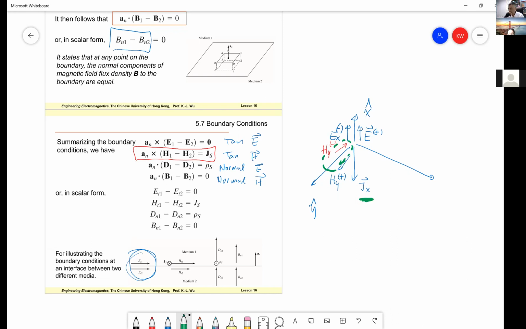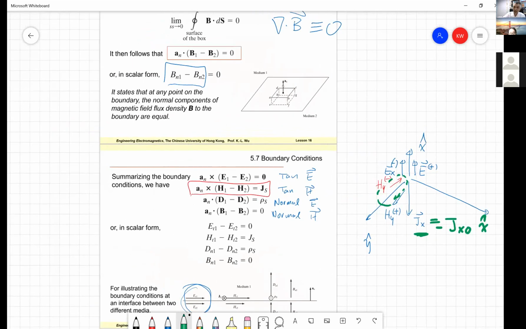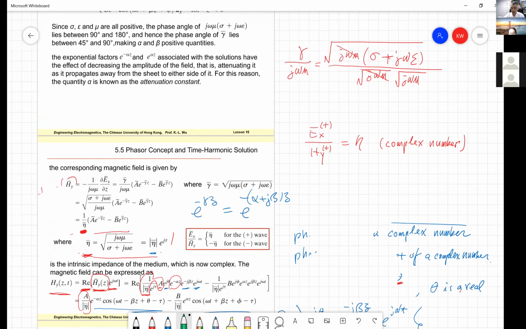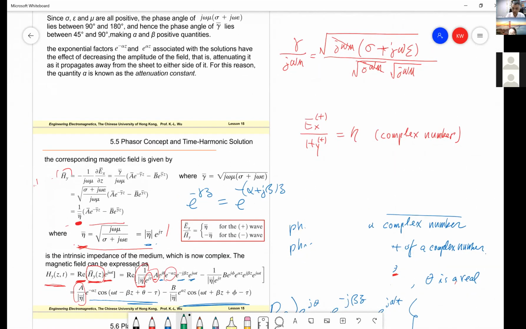Because of this, if I give you this current density magnitude, you can use this to determine the magnitude of the magnetic field. Actually, I didn't discuss this, I can leave it to you to think. Throughout the discussion, I didn't tell you what A is, what B is. Did I tell you this?